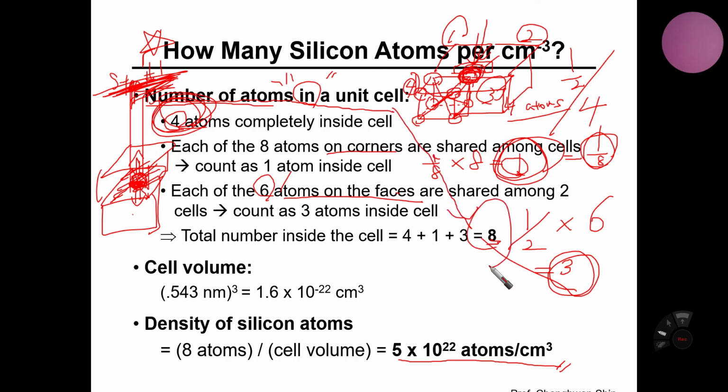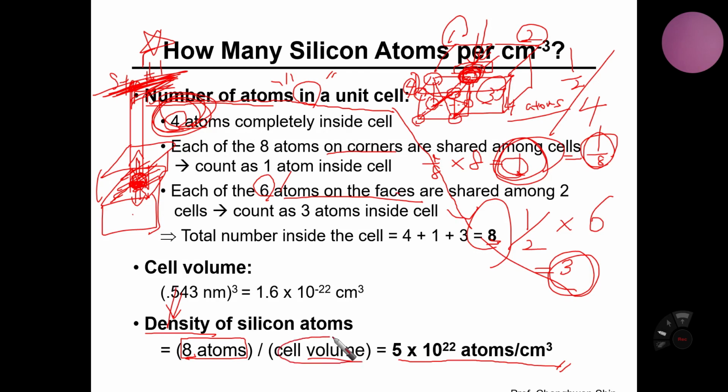Okay. All right. The final destination that we are looking for is the atomic density of silicon, right? So for a unit cell, we have 8 silicon atoms, but we are talking about the density. Density means the number of atoms divided by the unit cell volume.